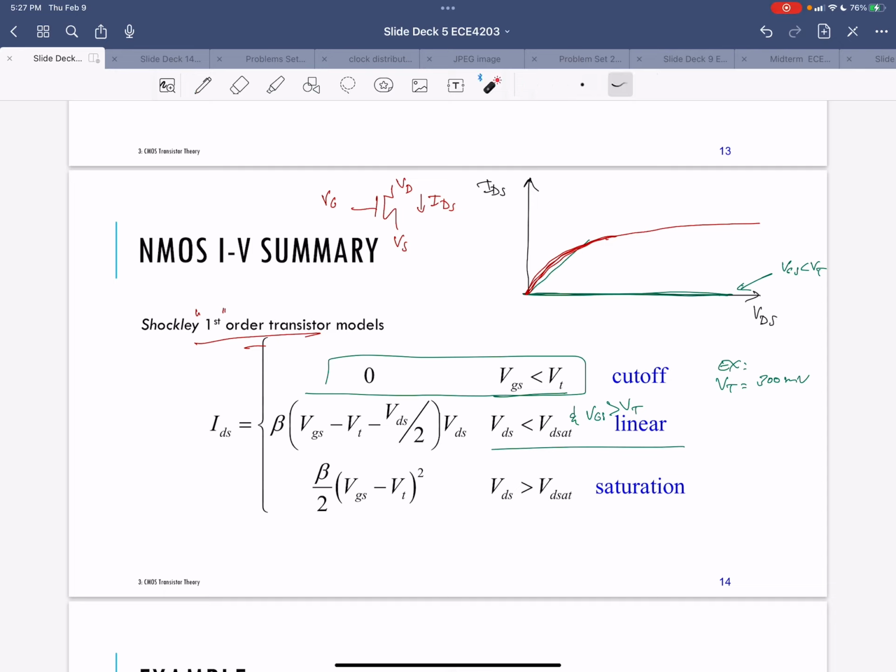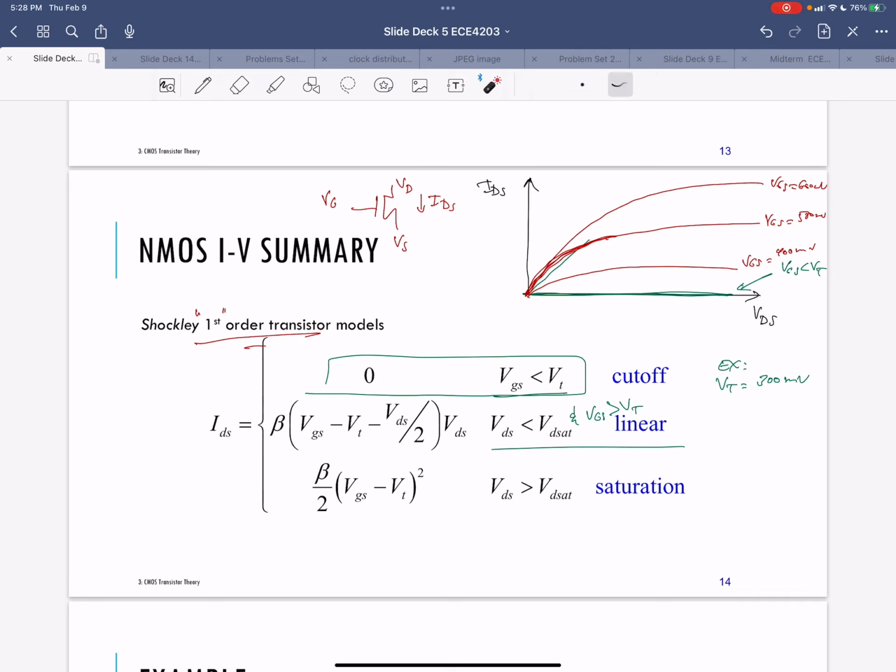Okay, so in this region, for each VGS I will have a different curve. Let's say this is VGS is 400 millivolts, this is VGS is 500 millivolts, this is VGS is 600 millivolts. Look at each different VGS value.